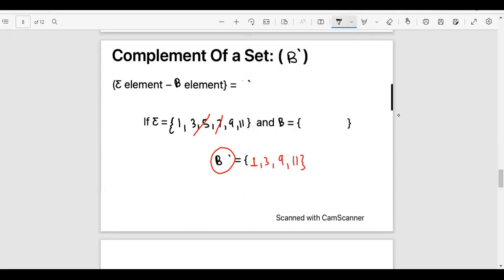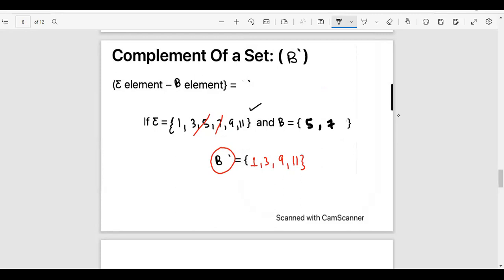Thank you so much. I had a 2 under it, so I don't know why I wrote it. Okay, we have 5 and 7 only. Thank you so much for mentioning this. Very good point.